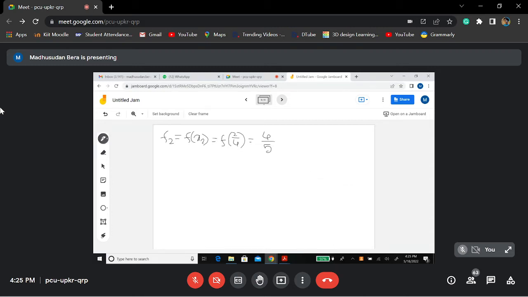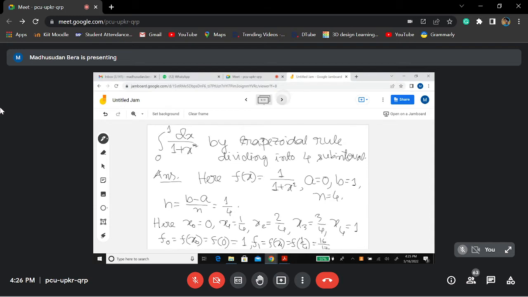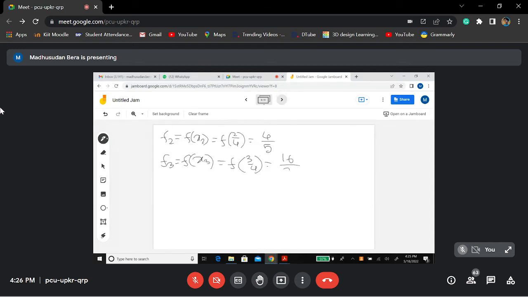What is f3? f of x3, f of 3 by 4. 3 by 4 squared will be 9 by 16, so 16 by 25. f4 equal to f of x4, f of 1, that is half.